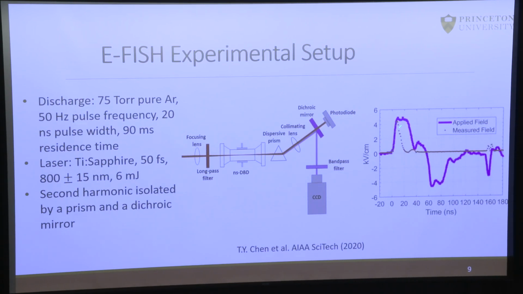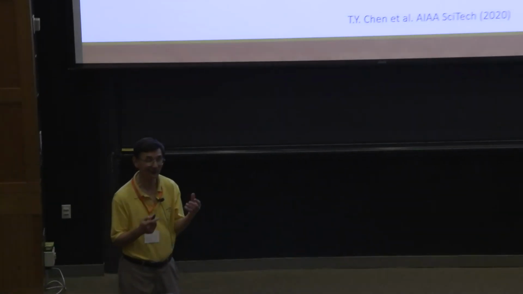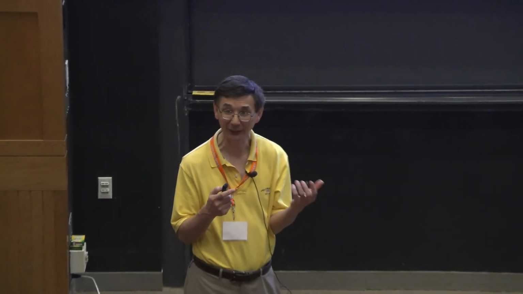But when you measure it, you can see that initially, before the breakdown, everything is the same. After the breakdown, the measured electric field quickly goes almost to zero compared to the applied field. Why do they quickly go to zero after the breakdown? Yesterday we talked about this Debye length.